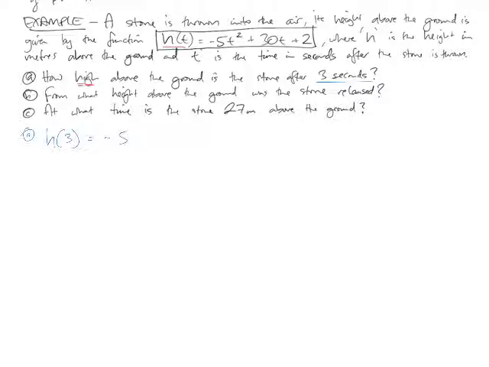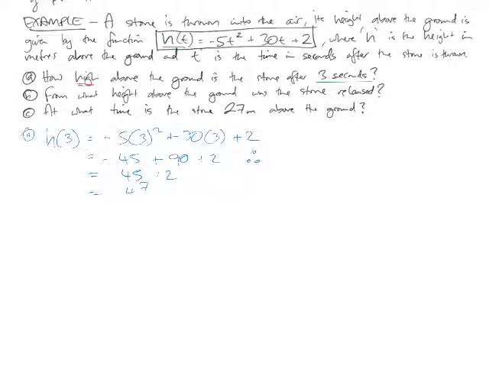It's going to be negative 5 of 3 squared plus 30 times 3 plus 2. 3 squared is 9, times negative 5 is negative 45, plus 30 times 3 is 90, plus 2. Negative 45 plus 90 is 45, plus 2 is 47.